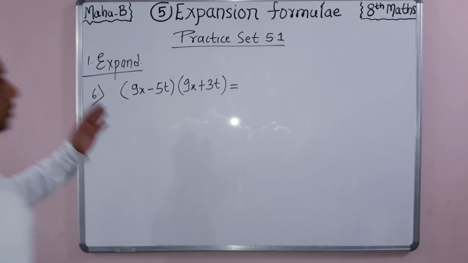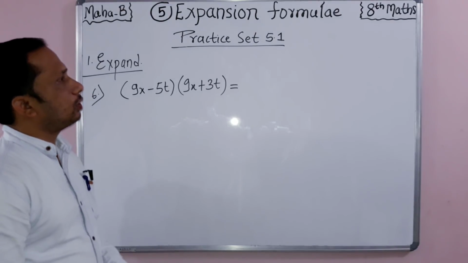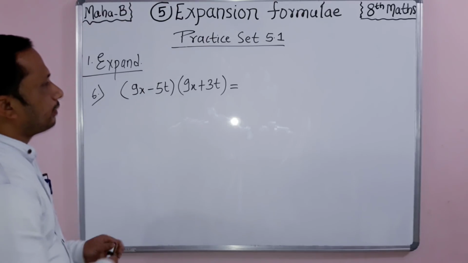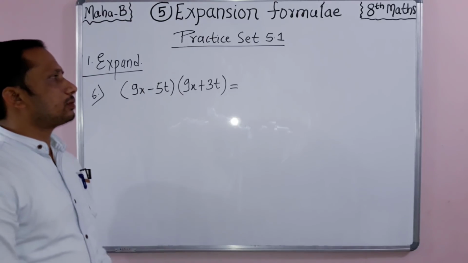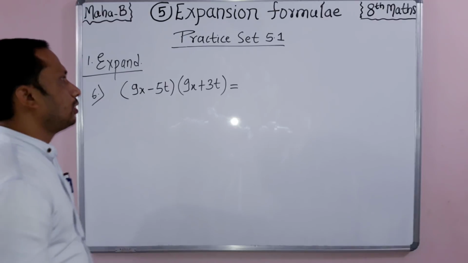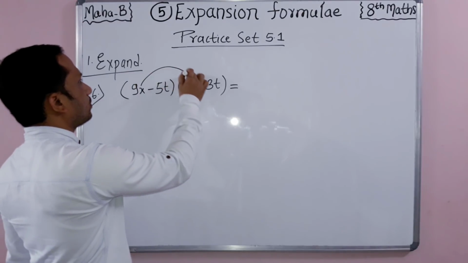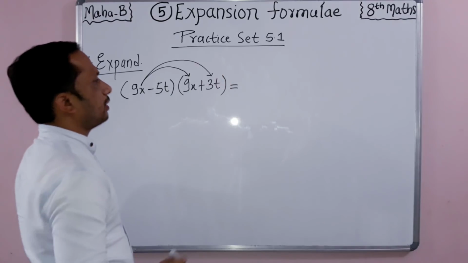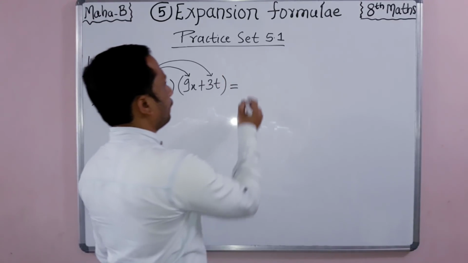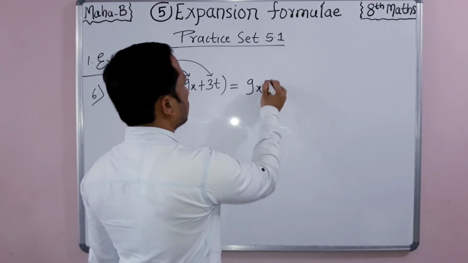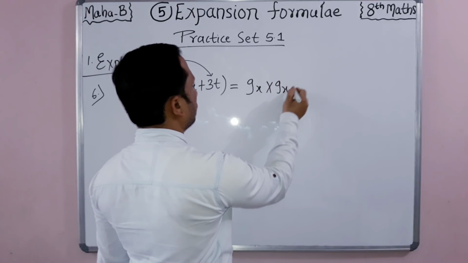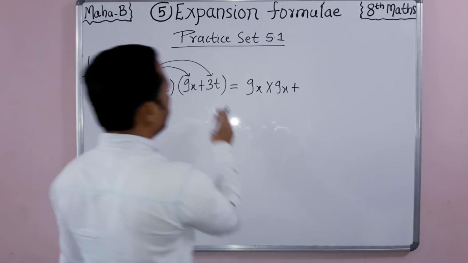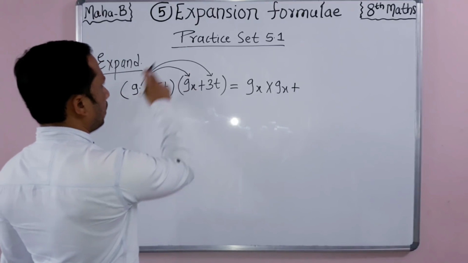This is our sixth example of practice set 5.1: (9x minus 5t) multiplied by (9x plus 3t). Do the same method: multiply 9x into 9x and then multiply 9x into 3t. 9x into 9x, the sign is plus, you have to count the signs.